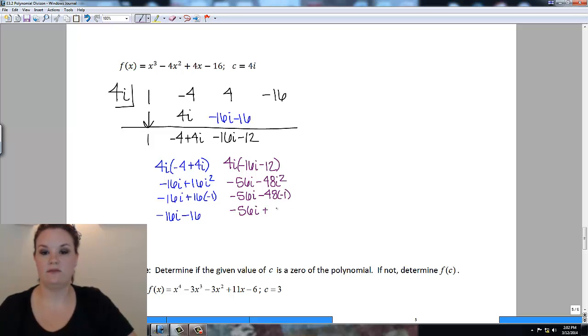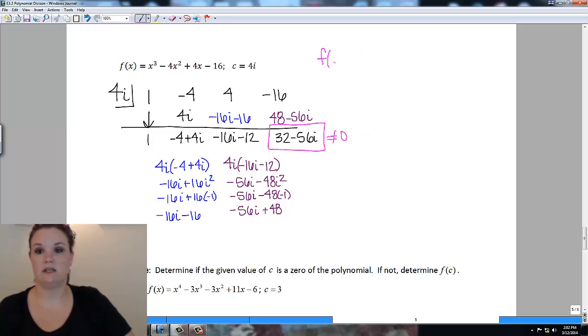So I have -56i plus 48 is what I'm going to write up here. And I'm going to write it in the reverse order. 48 minus 56i. When I combine down, I can combine my -16 and my 48, which is going to give me 32 minus 56i.